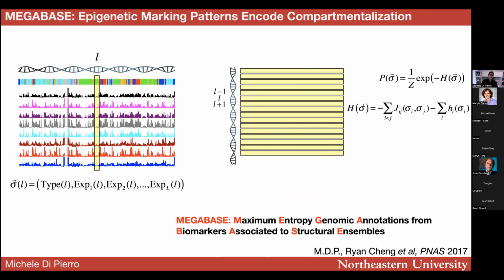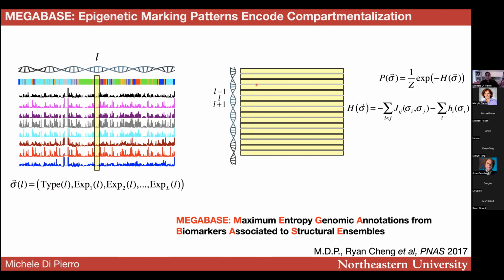Essentially, what we did is we aligned the compartment patterns that are observed in Hi-C with the ChIP-seq information for that same cell line, and then we created a database in which for each locus we write down the observed chromatin structural type and all the experimental values at the location of the different epigenetic modifications.